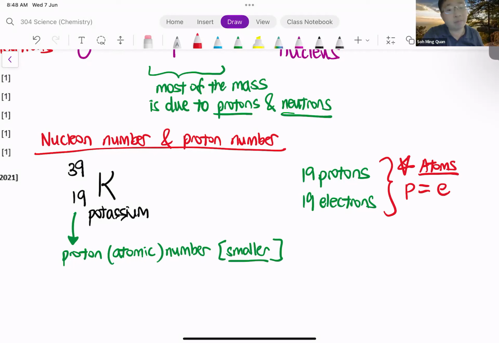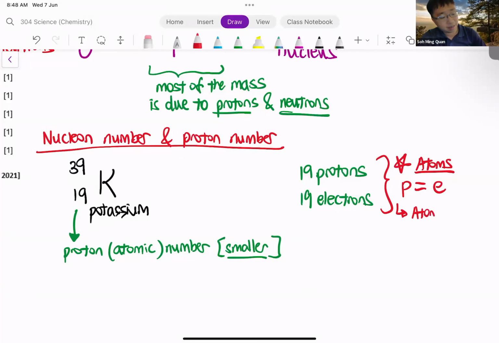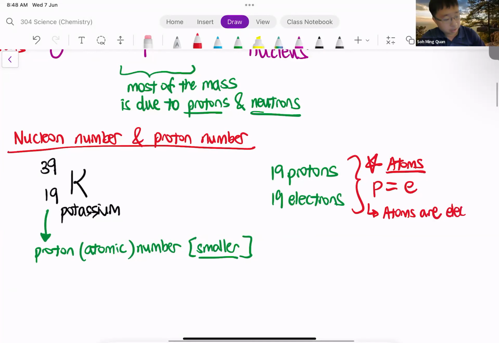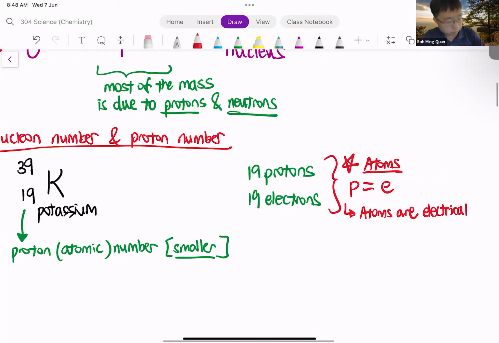But for atoms, the proton number is equal to the electron number. Now why is this the case? This is because atoms must be electrically neutral.